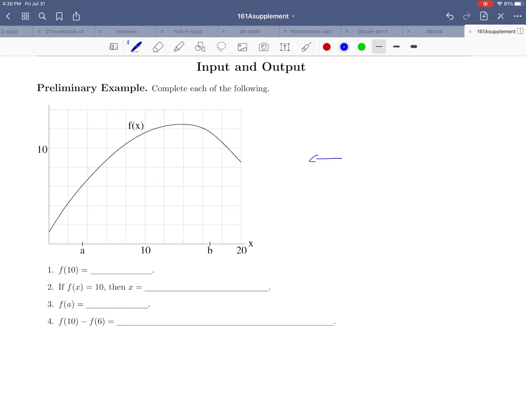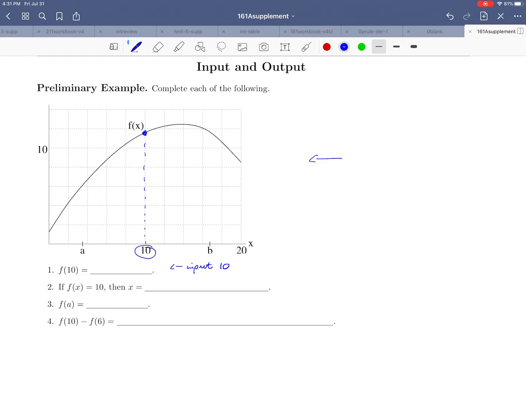The first question asks us, what's f of 10? And so we look at input 10, and we want to find the associated output. So we find our input 10 and then go up to the graph to find the associated output.